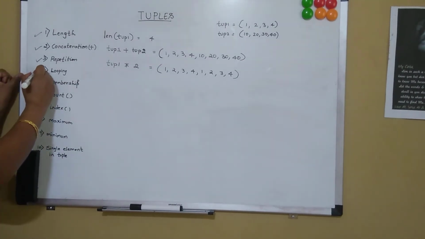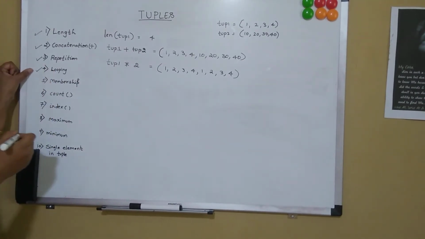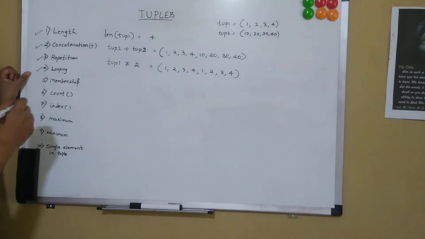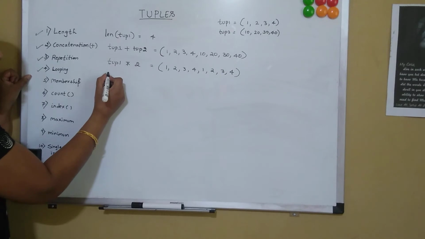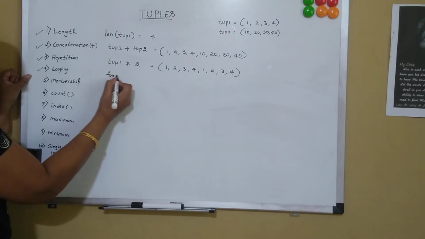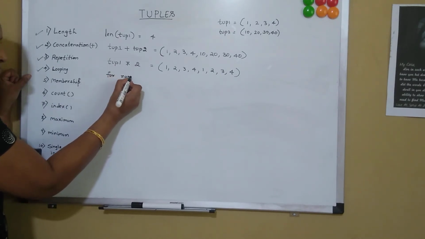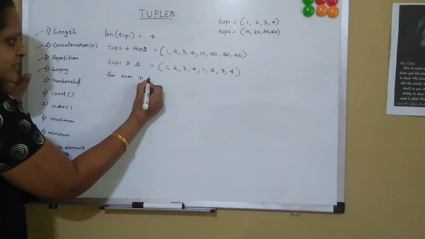Now let's go on to the fourth concept, that is looping. We have already seen the control structures, how we loop. So for looping within the tuple, we have to go for the for loop.